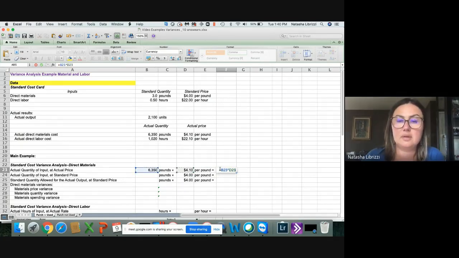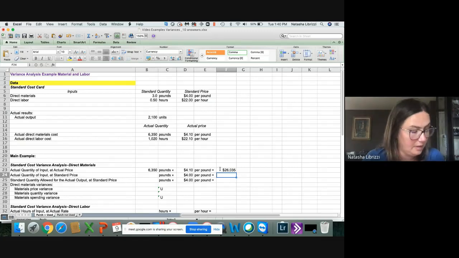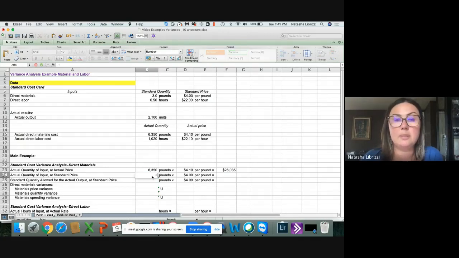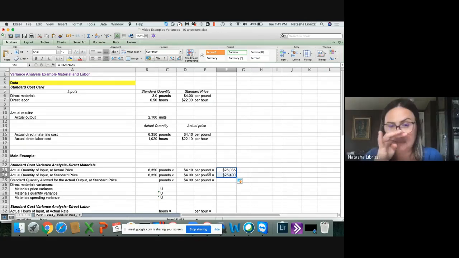This would be my actual quantity of input at actual price. Now, actual quantity, again, is the same number, but I should have paid only $4. I'm going to copy my formula. So this is 6,350 times 4, which is 25,400. I'm going to just stop here. We'll just do the price variance.